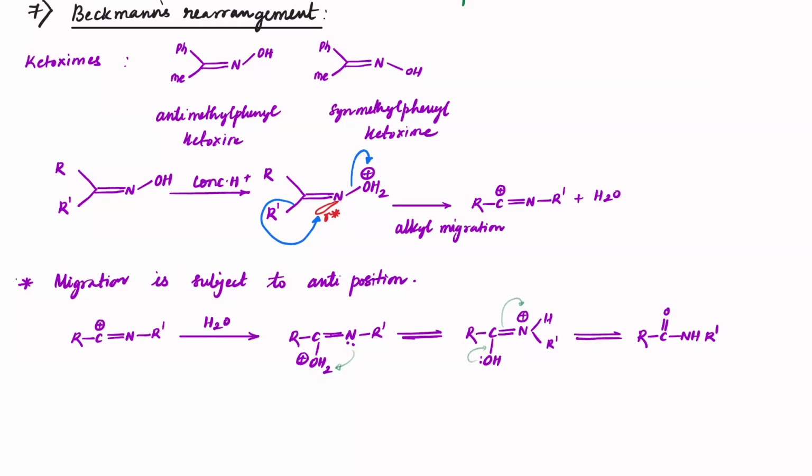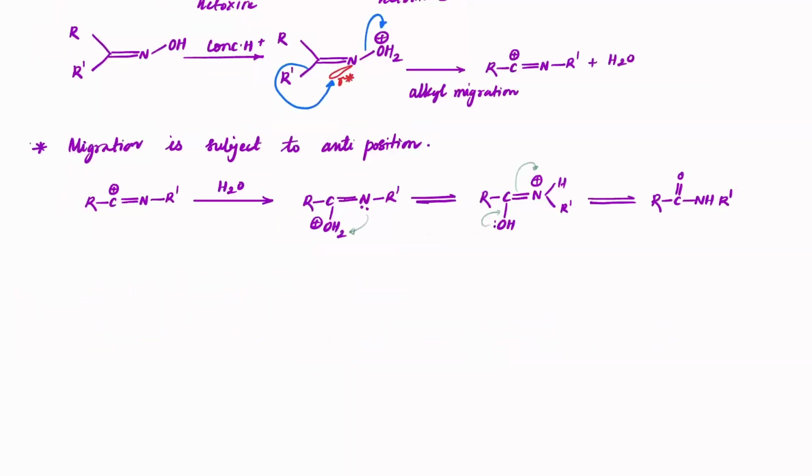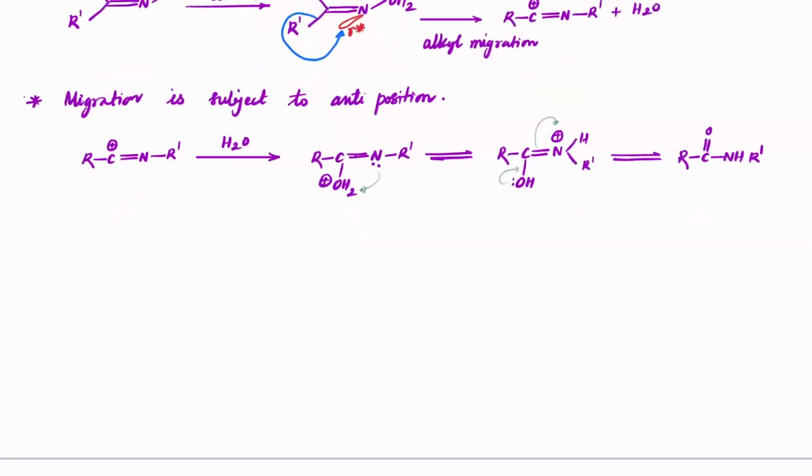So this is something we need to understand, in which case what type of reaction is happening. Clear, everybody? Please check the reaction once. Okay. Now, this is Beckmann's rearrangement.